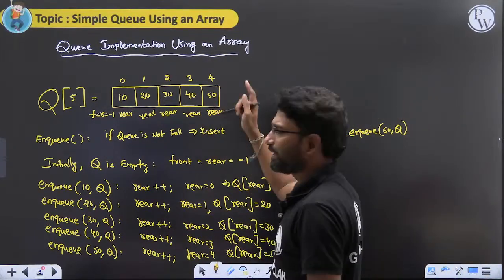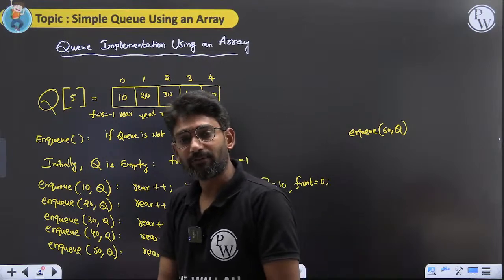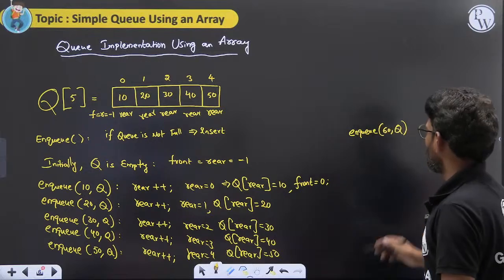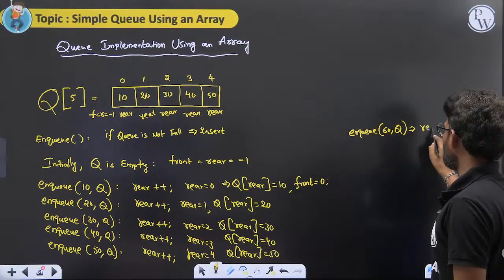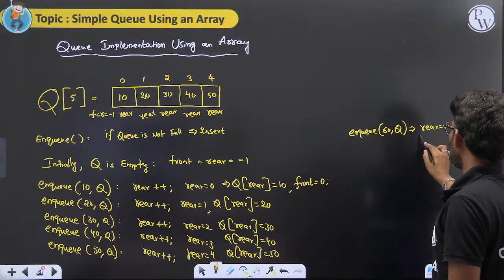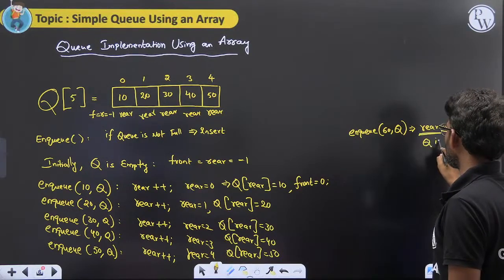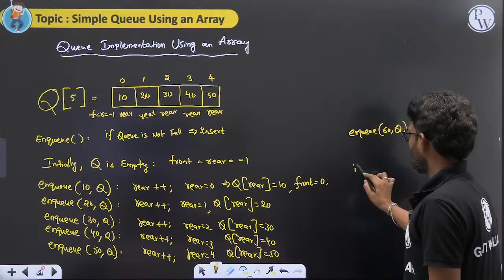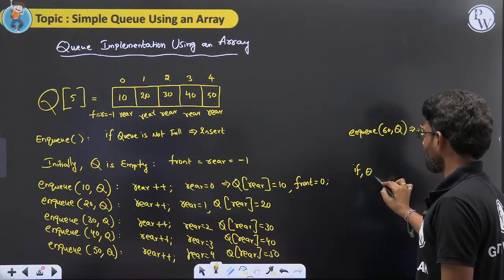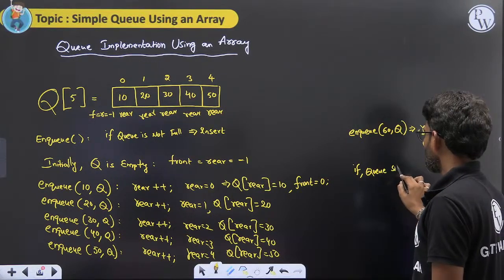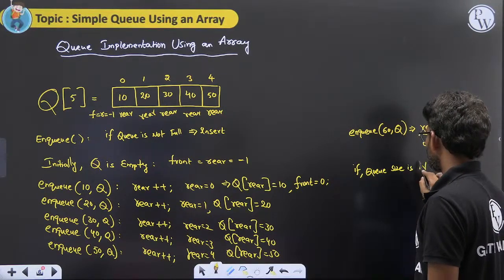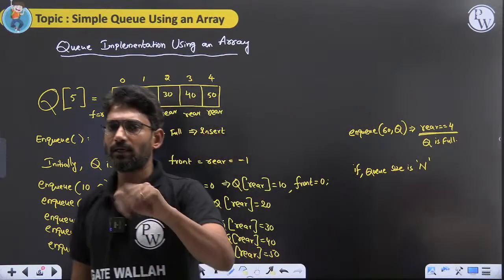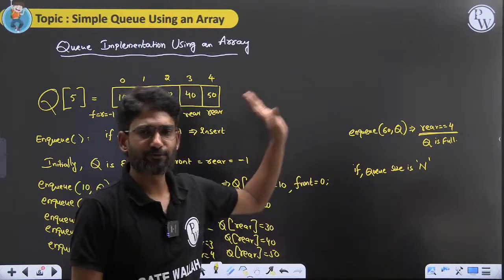What is the maximum index when the queue size is 5? 4 is the maximum index. As rear is equal to 4, this indicates the queue is full. So if the queue size is n, when it is 5, if rear reaches 4, I can say the queue is full.